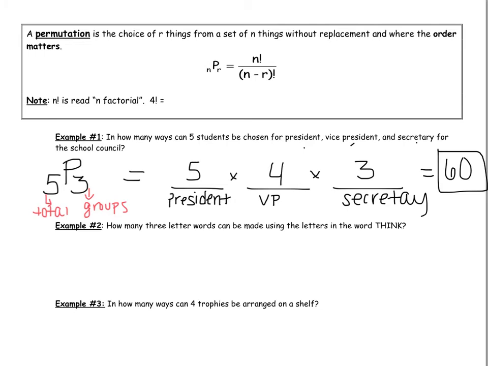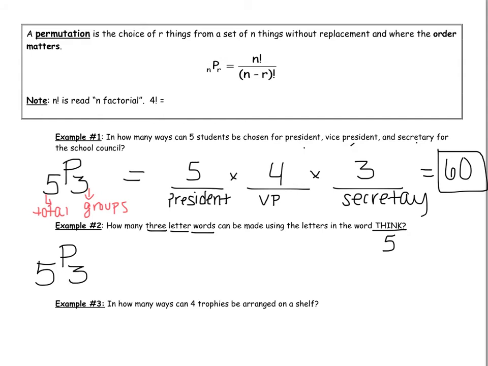Okay, let's try example number 2. How many 3-letter words can be made by using the letters in the word think? Well, first off, how many letters are in the word think? T-H-I-N-K. So 5. So I have 5 letters, and I want to pick different groups of 3.